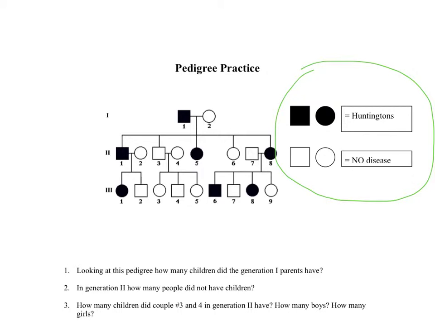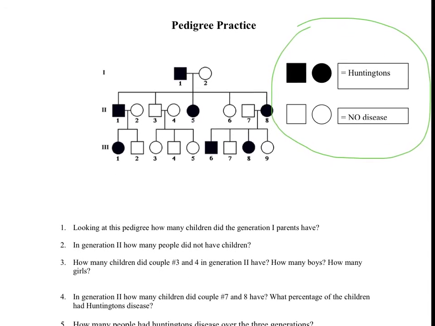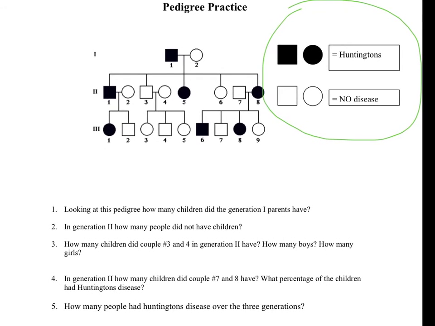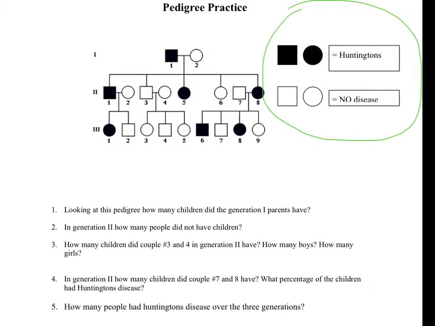Looking at this pedigree, we can see how it is passed down from generation to generation. There are several questions I could ask about this particular pedigree, and you can see those below, so let's go through those questions and see how we do answering them.